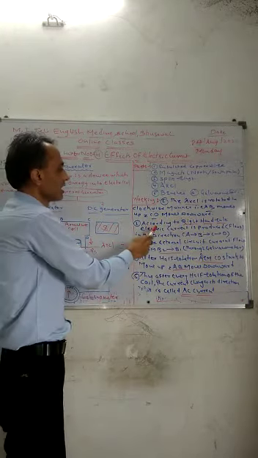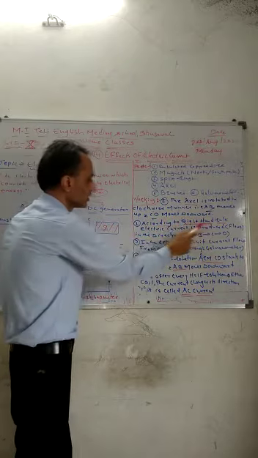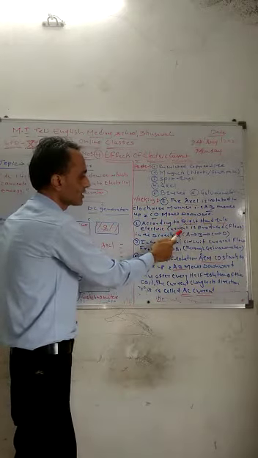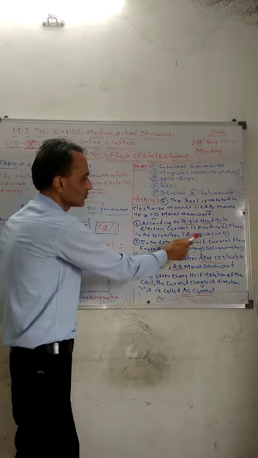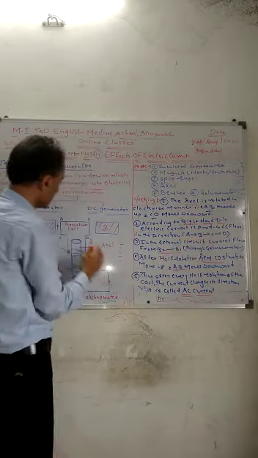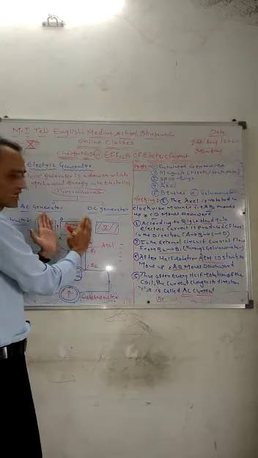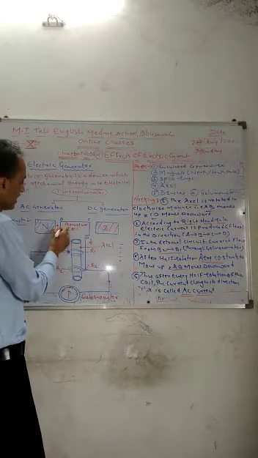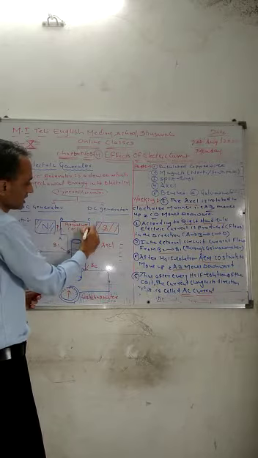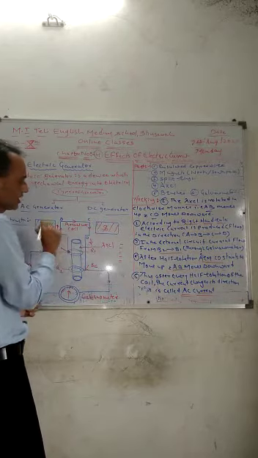Then what happens? According to right hand rule, electric current is produced, that is, it flows in the direction A to B to C to D. The current starts to flow in this direction, A to B, B to C, C to D, and D to A once again.